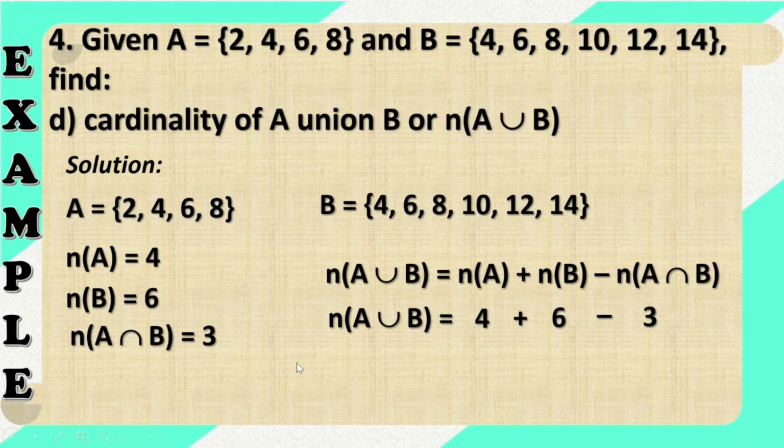We have 4 plus 6 minus 3. Therefore, the cardinality of A union B is 7.